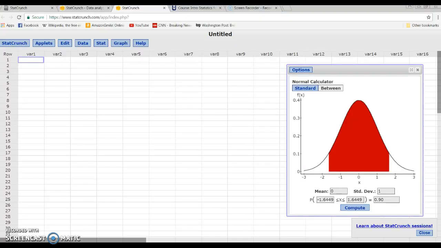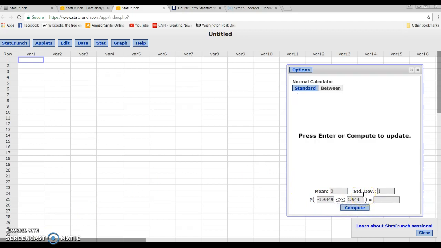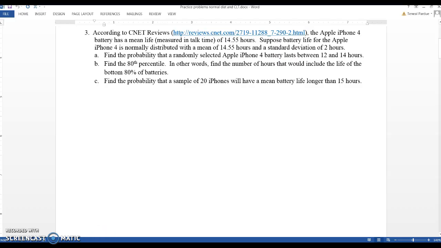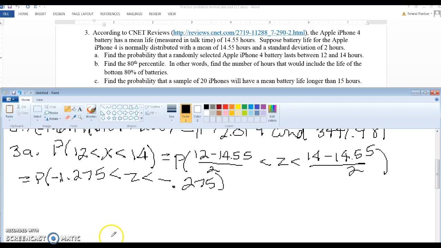And we just go over to StatCrunch and type those values in. So negative 1.275 and negative 0.275. And we get an answer of 0.2905. All right, so that's 3A.